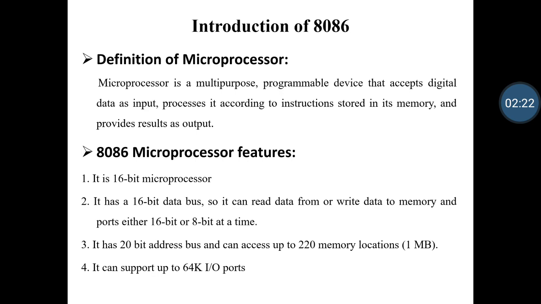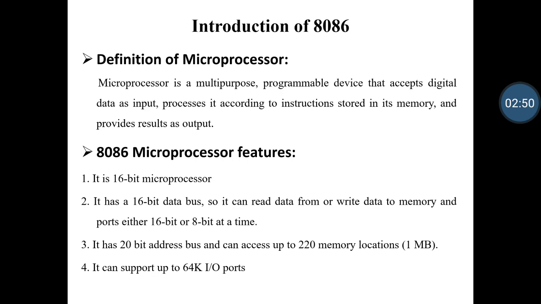The instruction written using the 8086 processor contains two registers, one of 8 bits and the second also 8 bits, so the total data is 16 bits, and this processor executes 16-bit data.